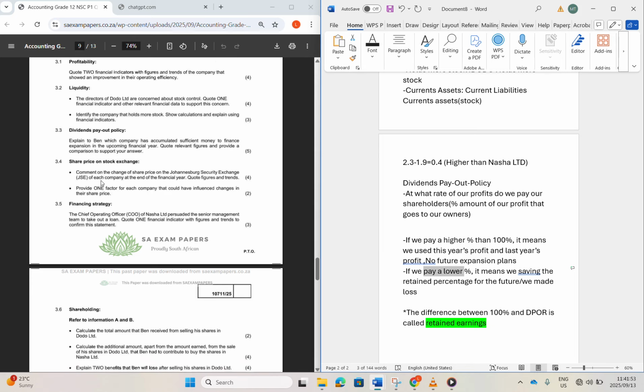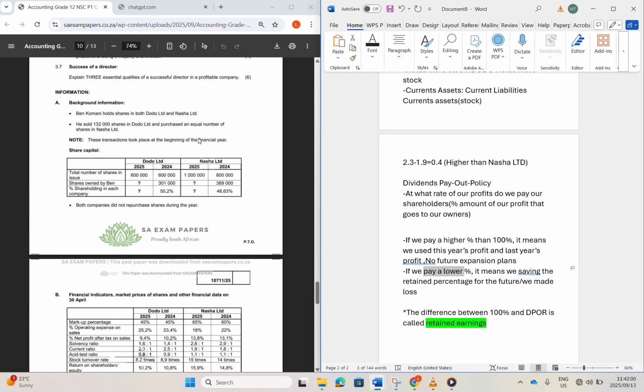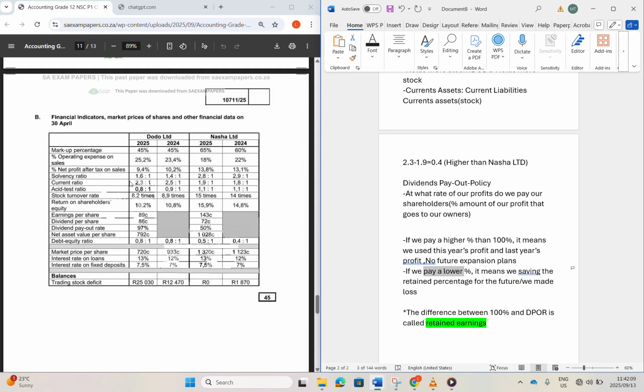We're comparing the two companies. You want the company that accumulated sufficient money. It means they didn't pay a higher dividend payout to their owners, shareholders. So let's look at the dividends payout rate.